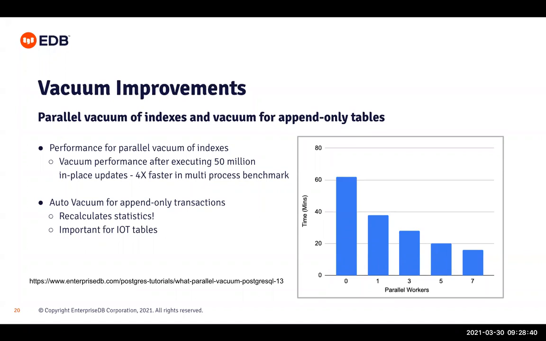It's a nice feature if you get behind on vacuuming of indexes and you do have CPU available, then using this feature will make things go a lot faster. There is a blog post, or actually a tutorial, on this, so you can get the PDF of the presentation afterwards and see this.